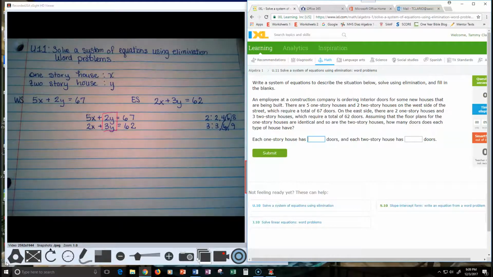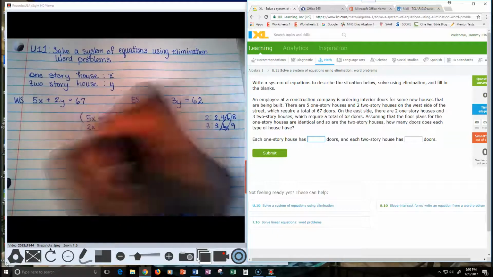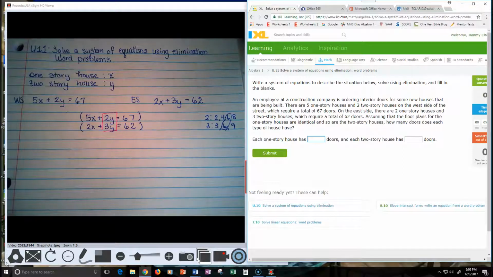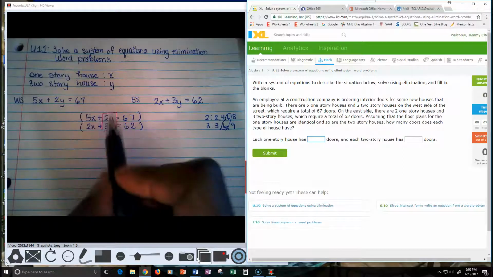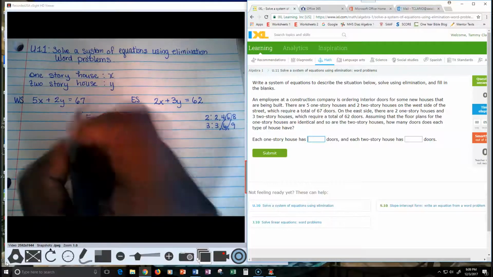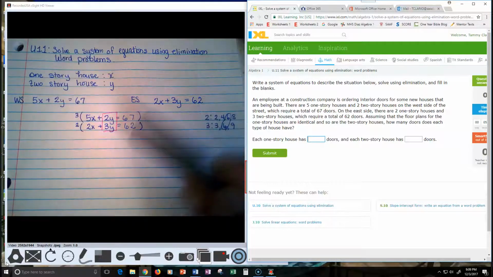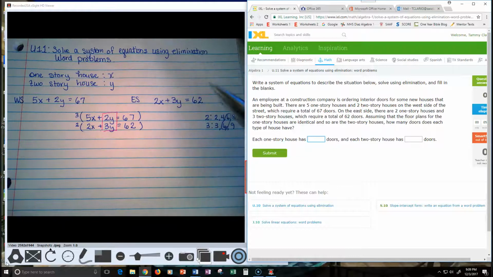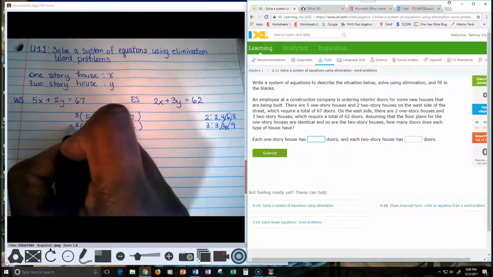So I know I have to multiply both equations to get them to 6. This one I'd have to multiply by 3, and this one I would have to multiply by 2. But I'm not done because the signs are the same, and the signs have to be opposite. It doesn't matter which one you choose to be opposite, just choose one. So I'm going to choose 2.